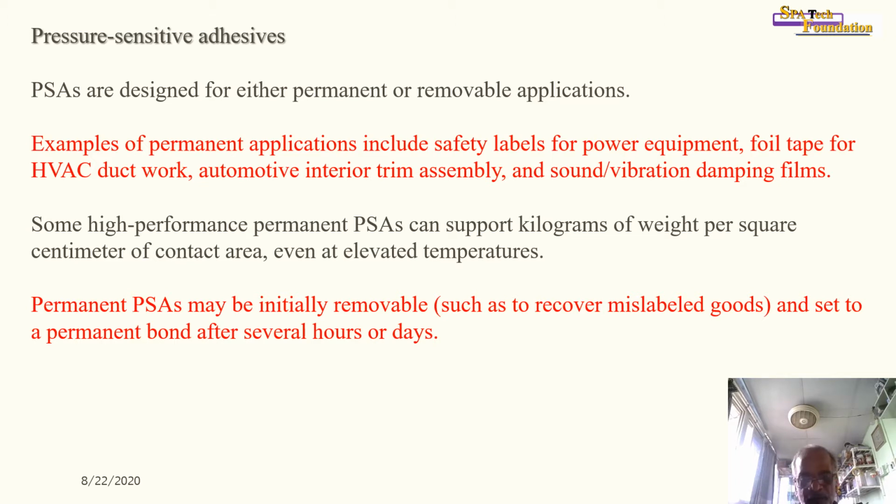Some high-performance permanent PSS can support a kilogram of weight per square centimeter of contact area even at elevated temperatures. Permanent PSS may be initially removed, such as to recover mislabeled goods, and set to a permanent bond after several hours or days.